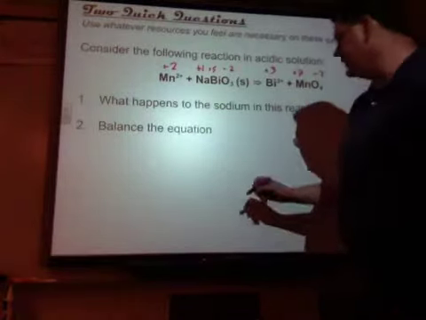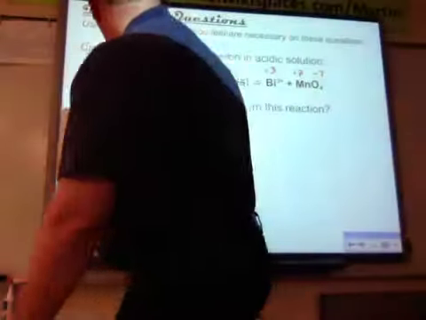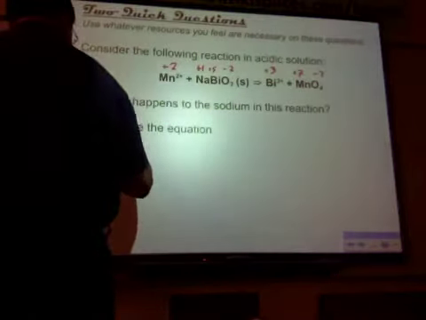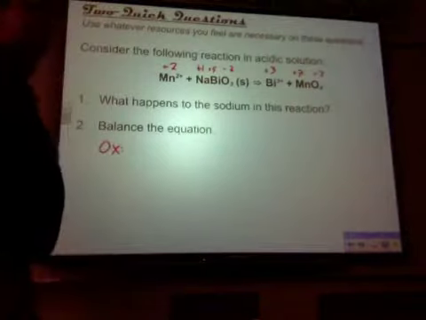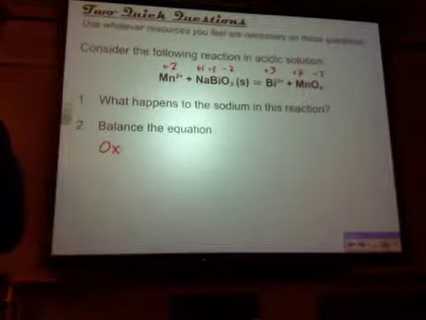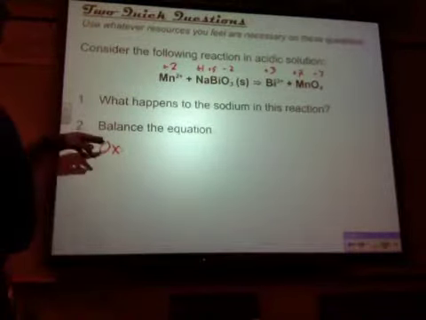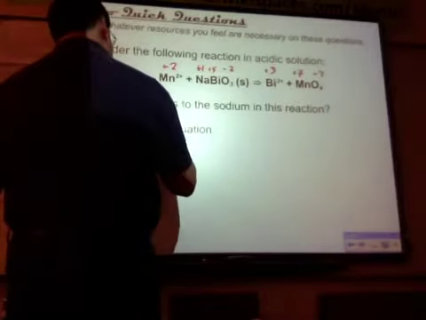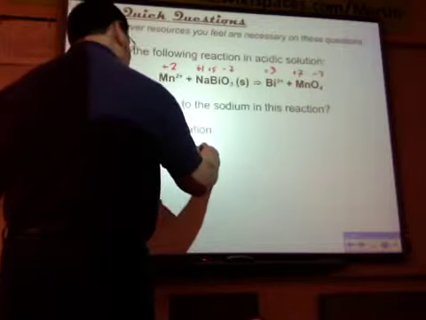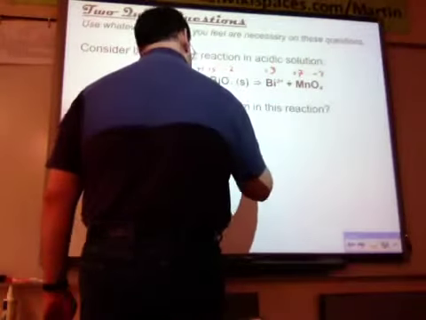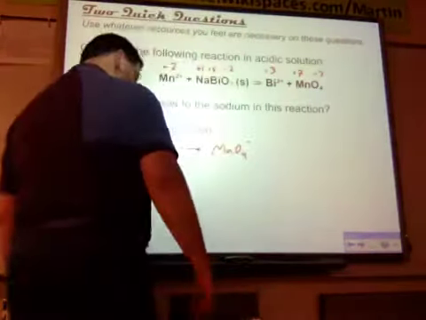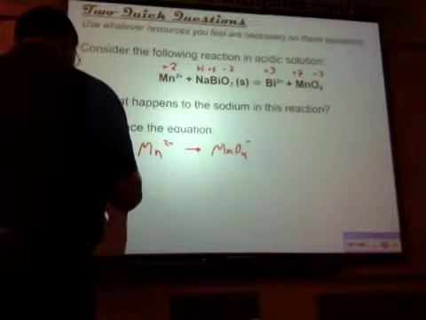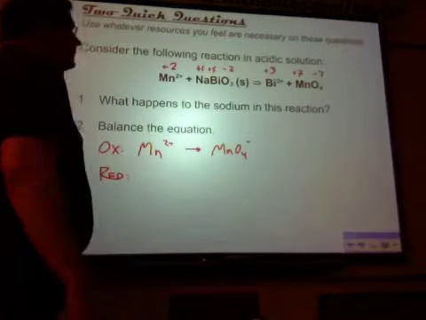So what is our oxidation reaction? Is it manganese to permanganate? Our oxidation will involve an increase in charge, right? That's going to be manganese 2 plus goes to permanganate. Okay? And a reduction reaction?